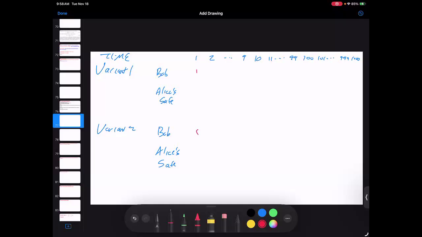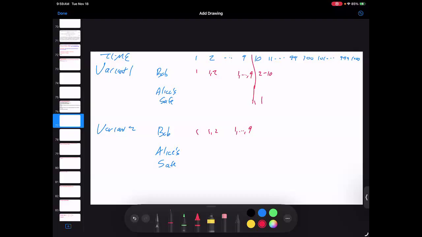Because Alice gives Bob $1. At time two, he gets another $1. So now Bob has 1 and 2, 1 and 2. At time 9, Bob has 1 through 9. Now at time step 10, Bob has 1 through 10, but then he has to give back 1 to Alice's safe. So now Bob has 2 through 10, but Alice's safe has 1.